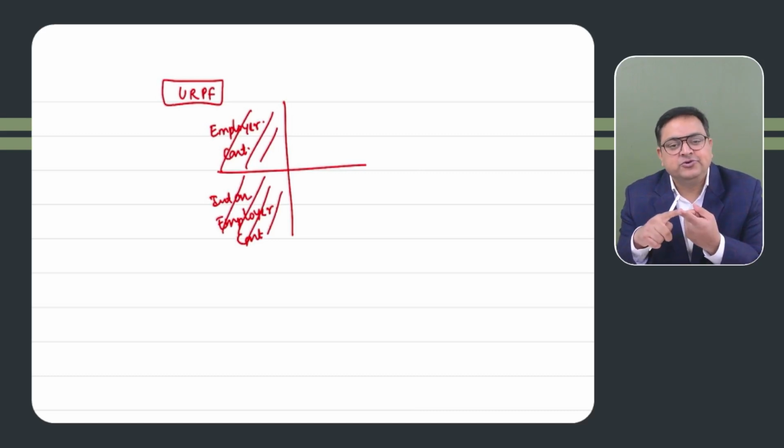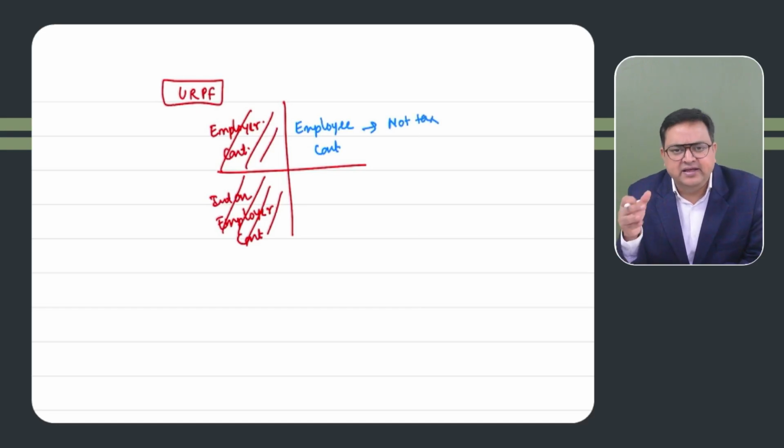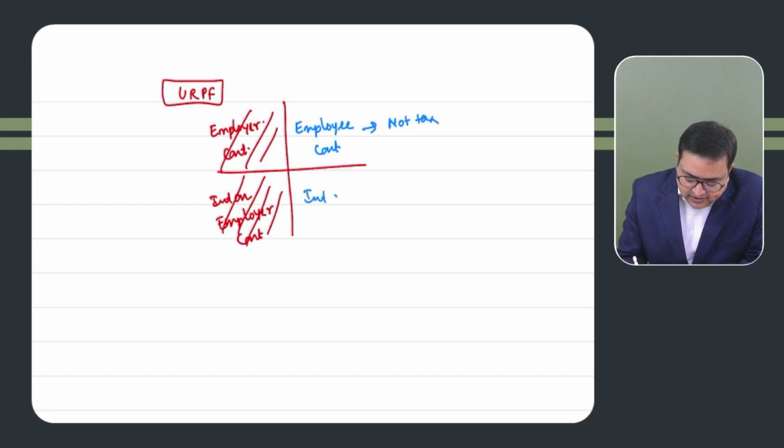And the amount which is related to employee contribution, this is not taxable. Why? Because it is part of your salary. It was part of your basic salary, DA, etc. So it was already taxable during the year. It was just an investment. It is not taxable. But the interest on employee contribution is taxable as IFOS income.